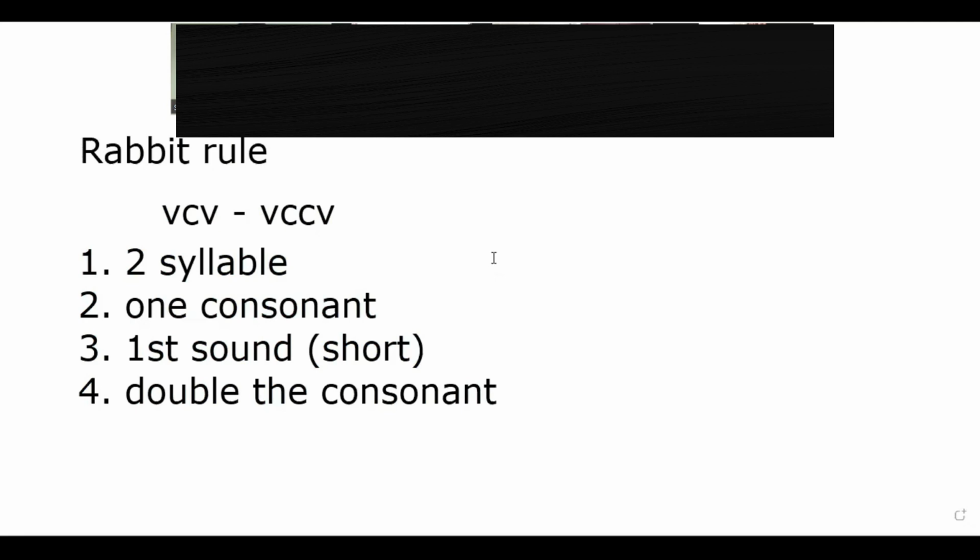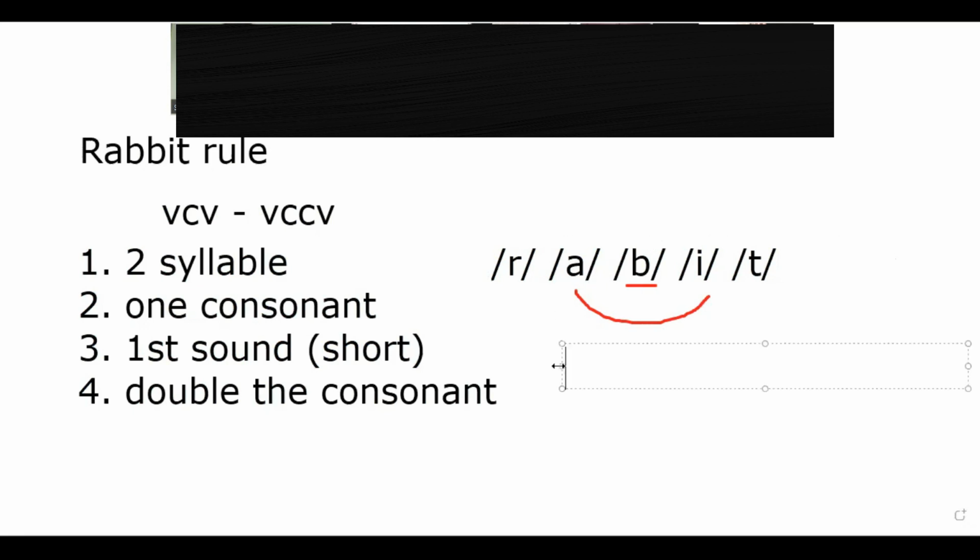Again, for an example, we'll see the rule name itself. In the rule name, what are the sounds we can hear? R, A, B, I, T. These are the sounds we can hear in the word rabbit, right? Here, in this word, we have two vowel sounds, A and I. In between A and I, we have one consonant sound, which is B. If we write the word using the sounds directly, then our spelling will be wrong.